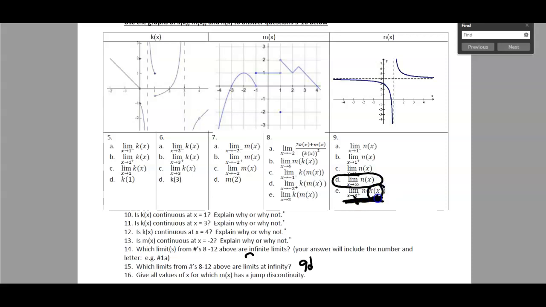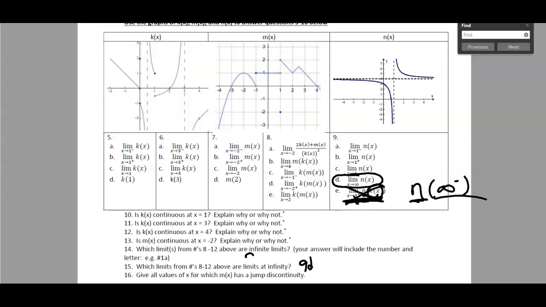But after you take that infinite limit and you plug it into the n, remember how we had this? Well, now basically we were finding the limit of n at negative infinity. So technically that is a limit at infinity also. But once again, that's a little ambiguous and weird, so I'm not going to worry about it. 9D is good enough.